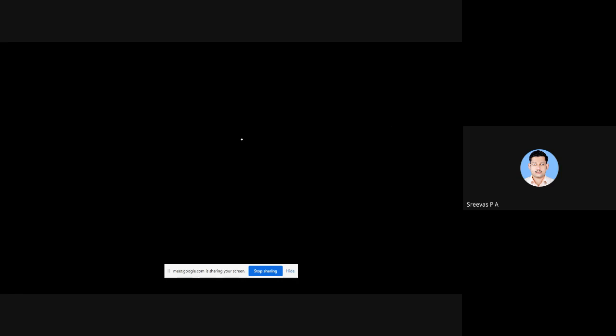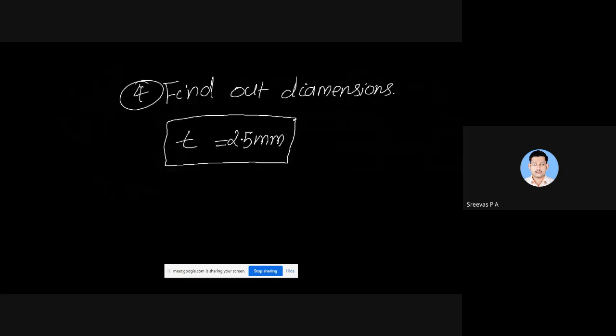So due to the concentration of stresses, what will occur? The failure of the material will occur very quickly. So while designing machine elements, we have to avoid stress concentration due to these sharp edges. Okay. So I will show you some of the figures.